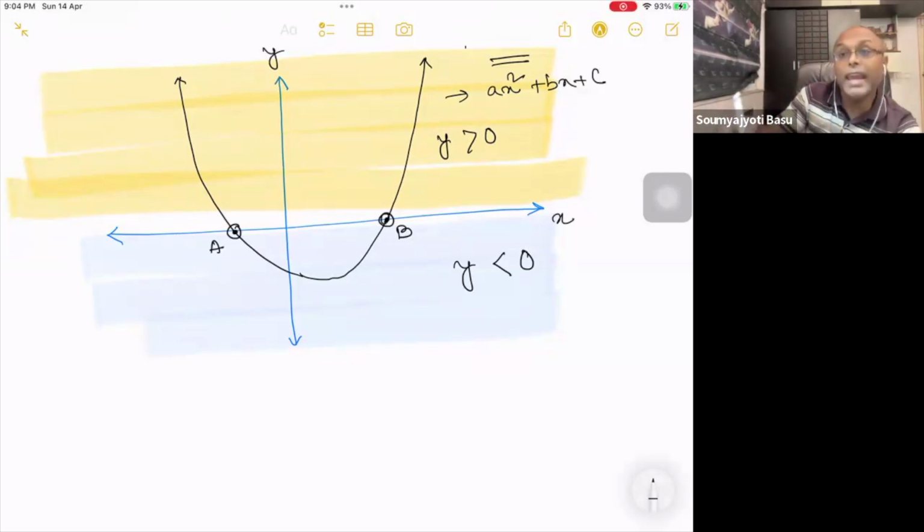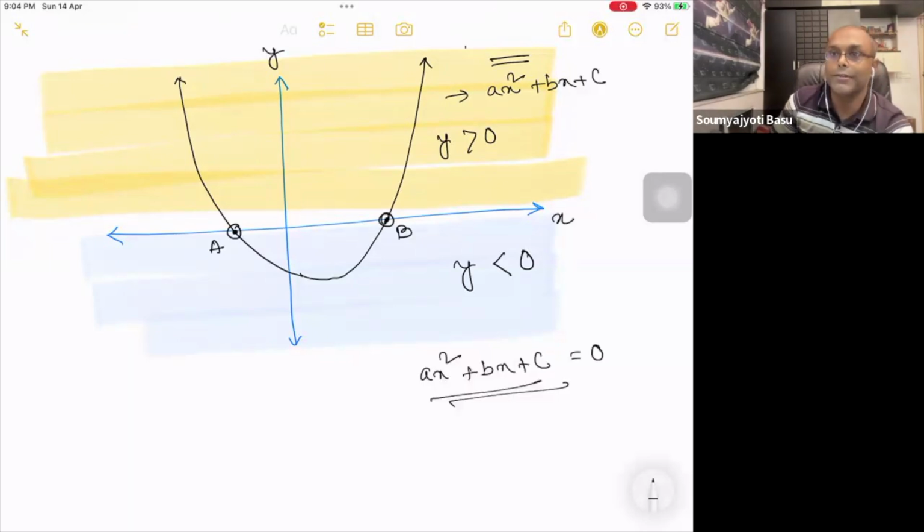Because at these points A and B, the quadratic equation ax square plus bx plus c becomes equal to 0. If you know how to solve quadratic equations, you know that these points, capital A and capital B, are nothing but the roots given by this equation.